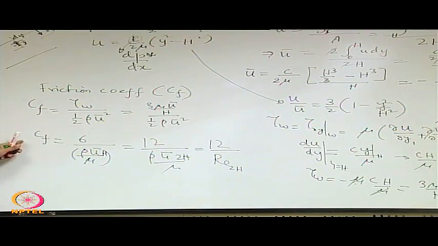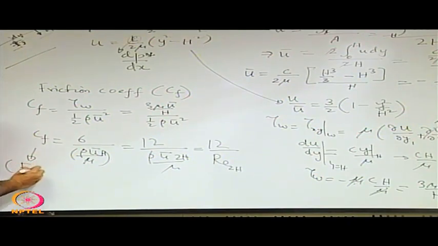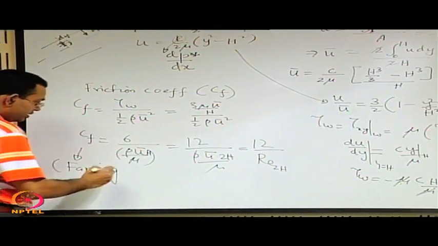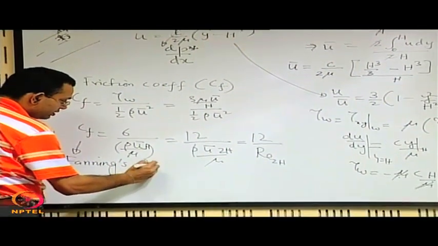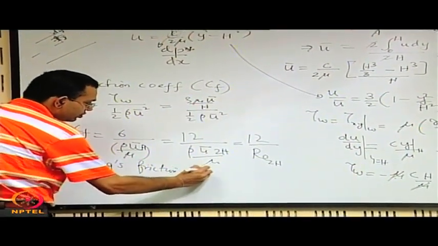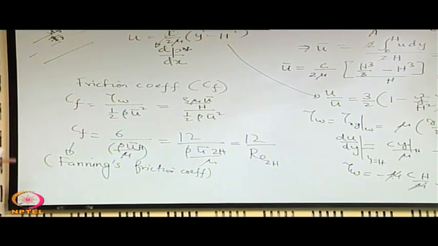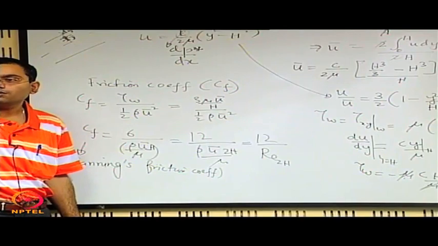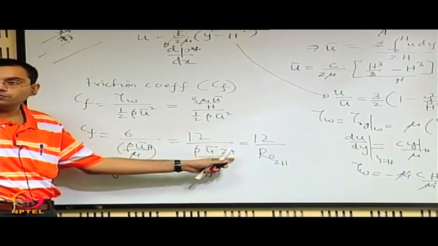So, the non-dimensional friction coefficient, sometimes this is known as Fanning's friction coefficient, because Fanning was the person who first introduced this coefficient. That is 12 by the Reynolds number based on a length scale which is the distance between the two plates.